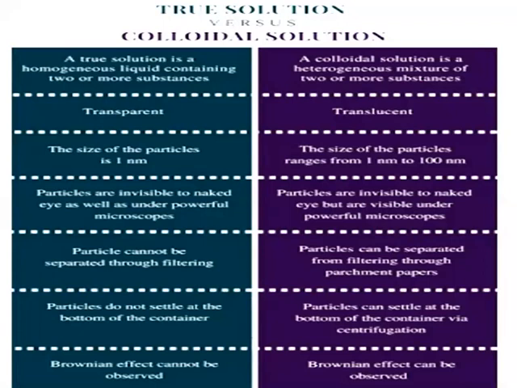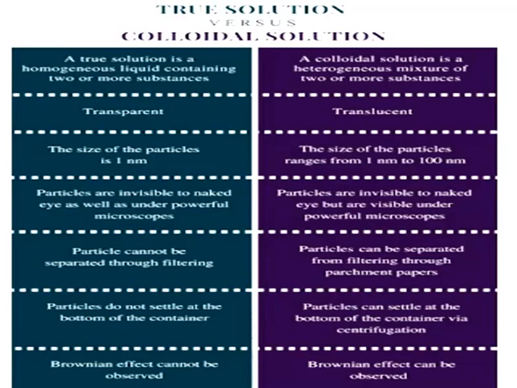A true solution is a homogeneous mixture containing two or more substances, whereas colloidal solutions are heterogeneous mixtures which seem to be homogeneous. True solutions are always transparent, whereas colloids are translucent.